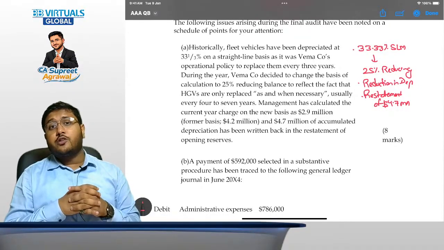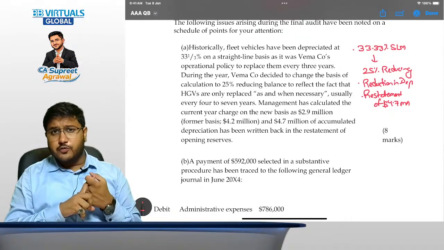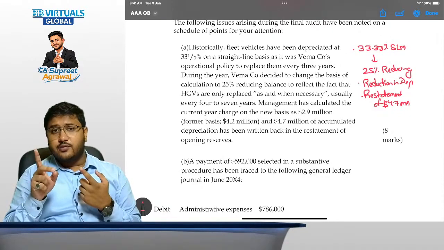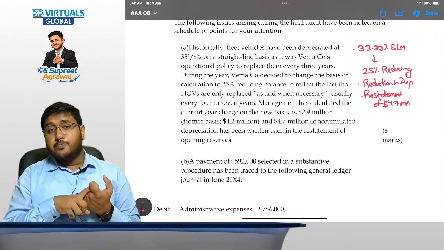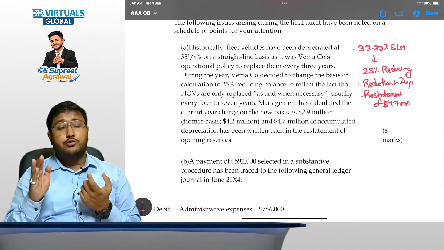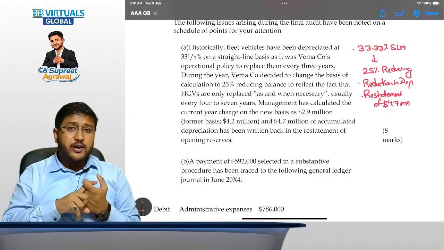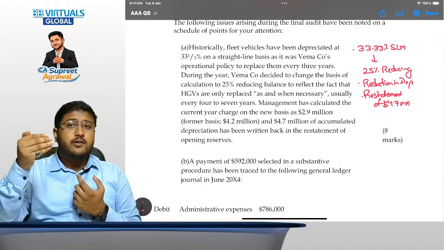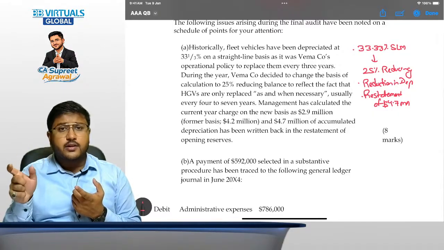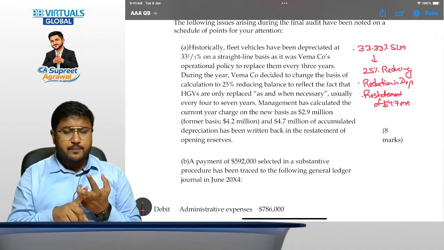Now, what are the audit procedures that you should perform? First of all, you should match the balance with the opening balances. Then you should perform inspection of provisions. You should also review the board minutes. You should inspect the related documents regarding whether that change in accounting estimate is appropriate or not.